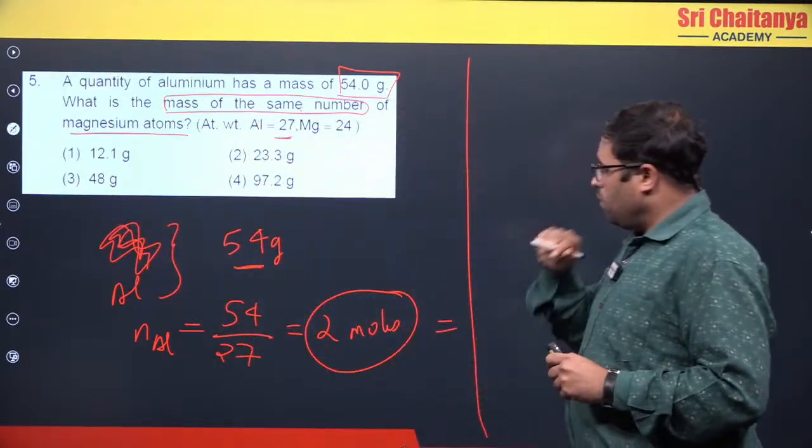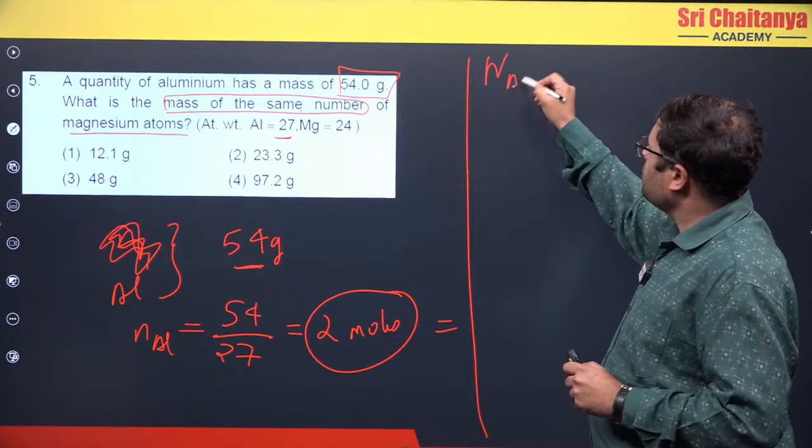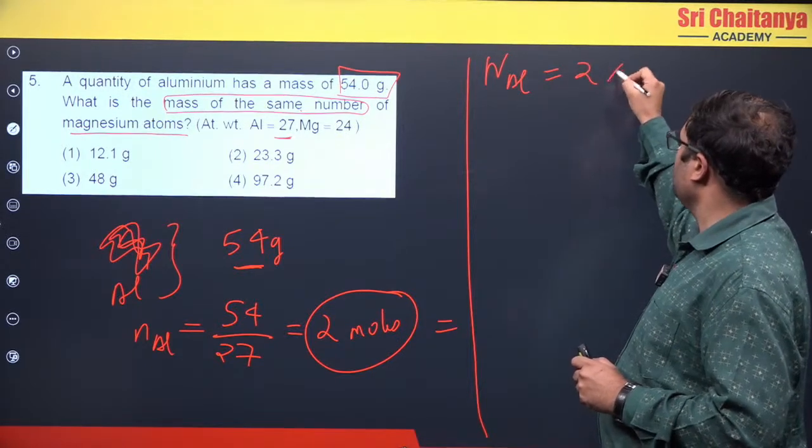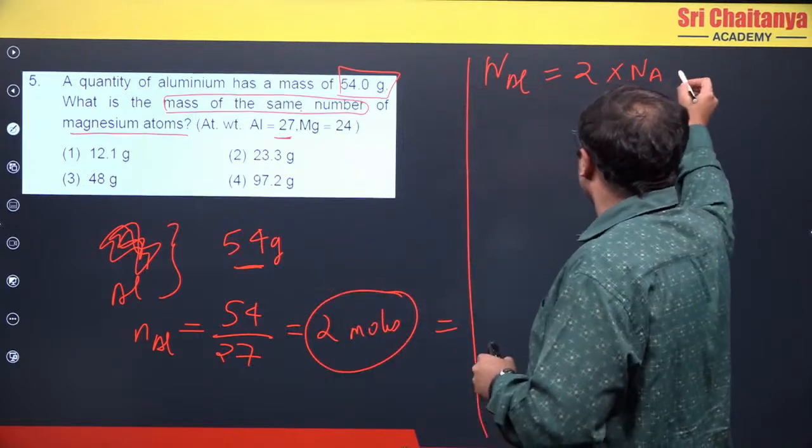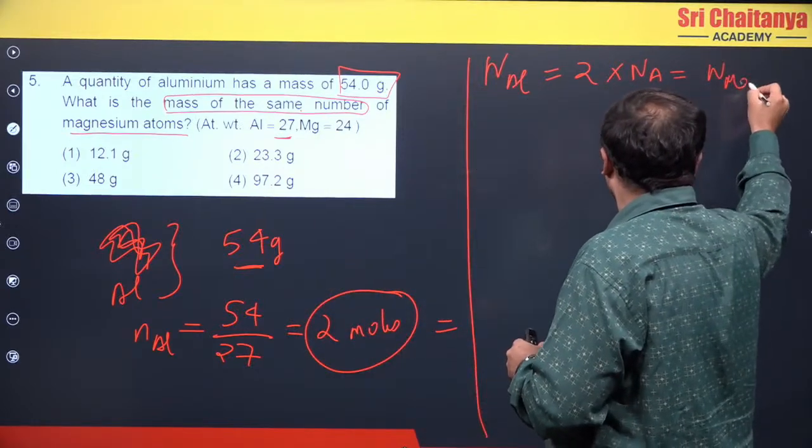Number of atoms of aluminium will be 2 into Na. This is the same as the number of atoms of magnesium, right?